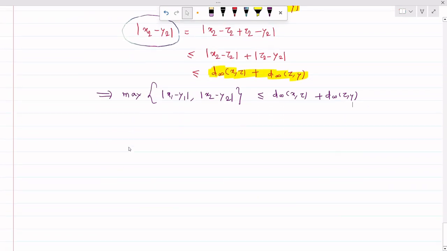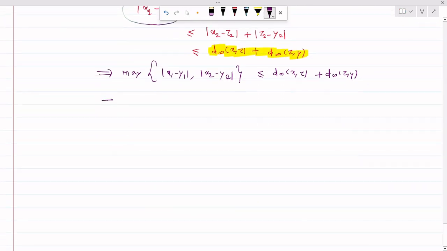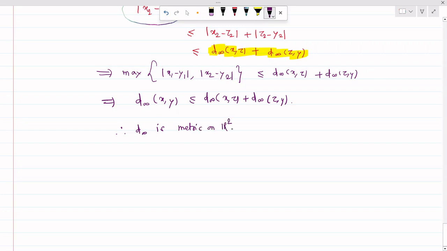But the maximum of mod of x1 minus y1 and mod of x2 minus y2 is nothing but d infinity of x comma y, and that is less equal d infinity of x comma z plus d infinity of z comma y. So this clearly establishes the fact that d infinity is also a metric on R2. Therefore d infinity is a metric on R2, and this is called a sup metric, supremum metric.